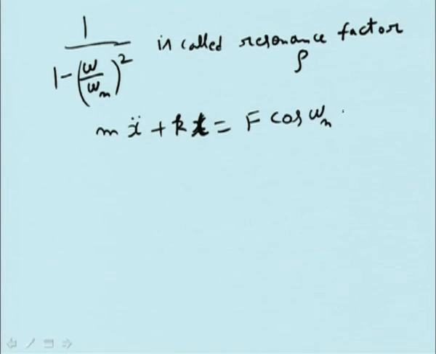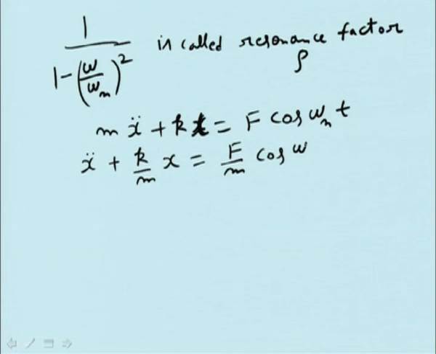Let us say omega is omega n, so F cos omega n t, and this can be written as x double dot plus k by m x is equal to F by m cos omega n t.